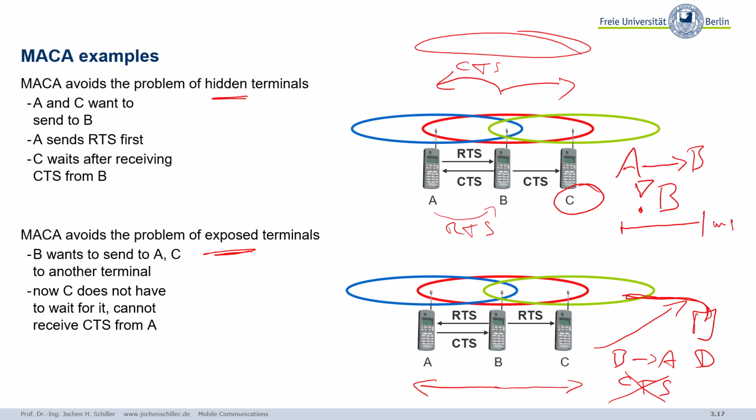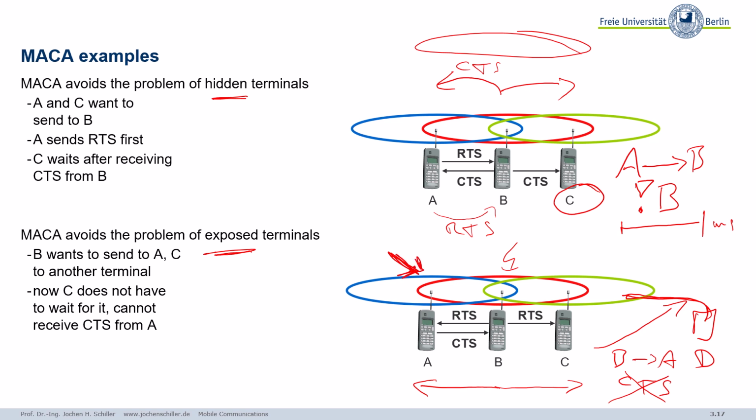I mean, if I cannot hear A, assuming symmetric links, then my signal to D will not interfere and cause collisions at A. That's the idea. I want to avoid collisions at the receiver, so that means at A. And because I cannot receive A, A cannot receive me, and I can start sending to D. Yes, there are collisions here, but that doesn't matter because we are interested in the collisions at the receiver.